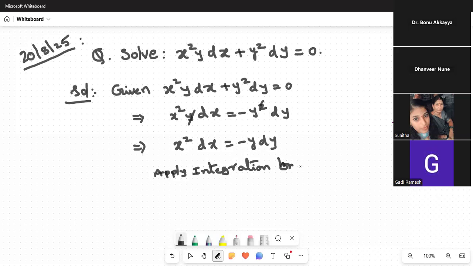Then this can be written as integration of x square dx is equal to integration of minus y dy.